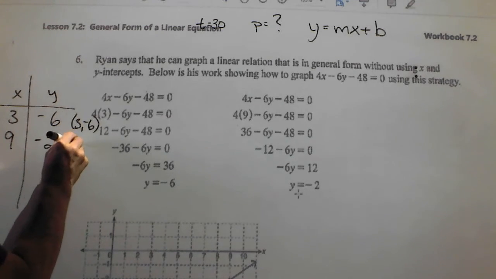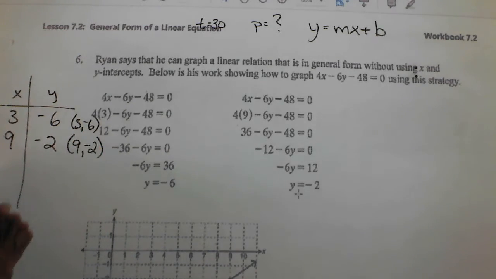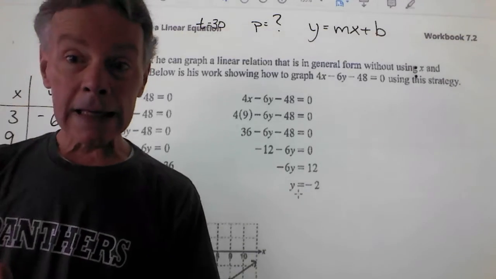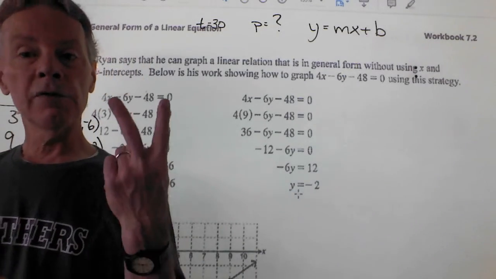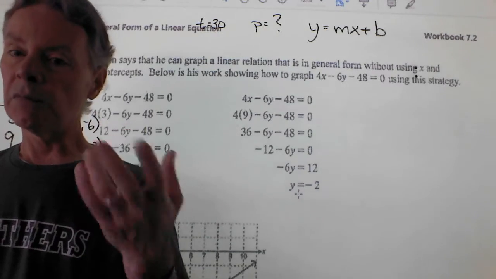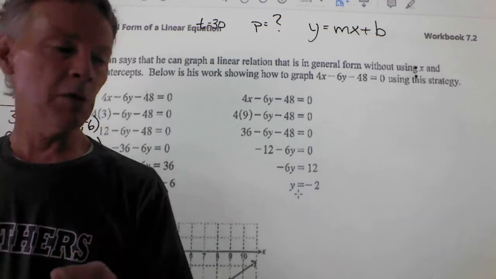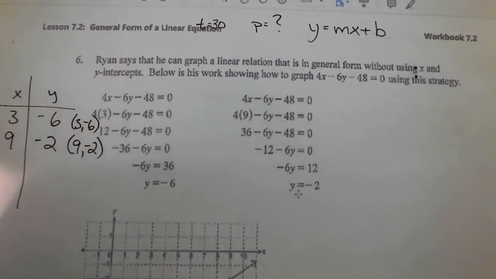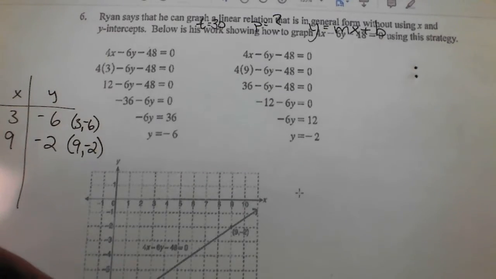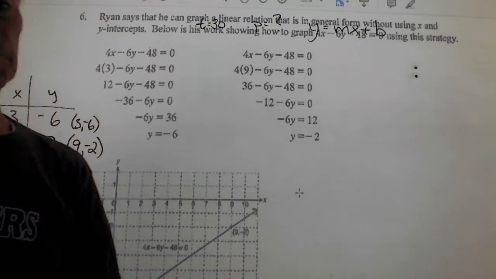There's another point at 9 and -2. And as I've said to you many times, once you have 2 points, you simply plot those 2 points and join them up. And that's what Ryan did here. He plotted his first point at 3 and -6, his second point at 9 and -2, joined them together, and he got his line.